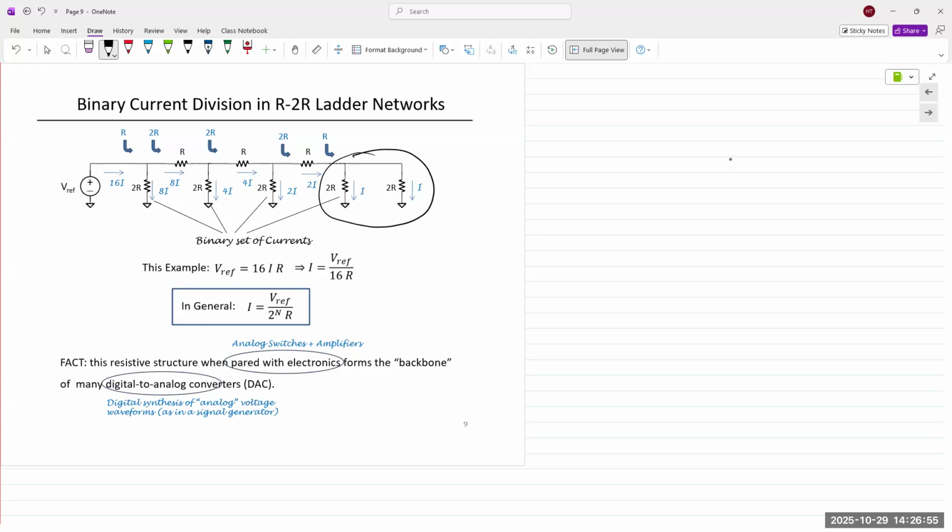Okay, so if you look at the far right, what do you see? You have 2 resistors in parallel, both with a value of 2R. So what is the REQ of those 2 resistors? Just R, right?